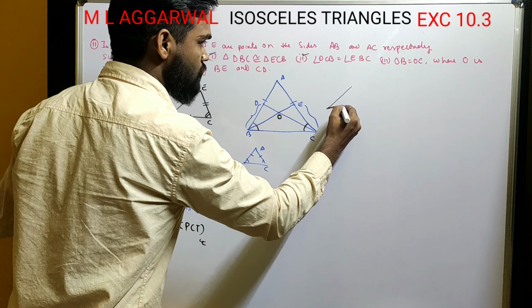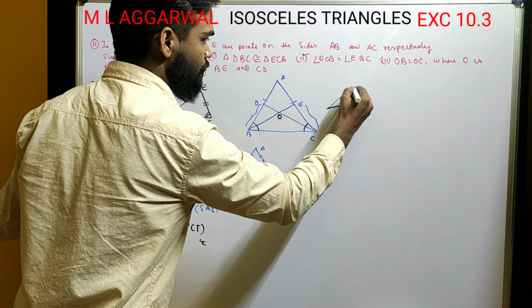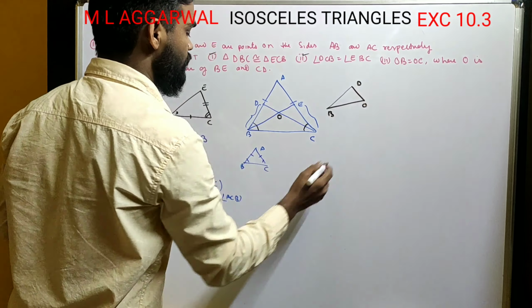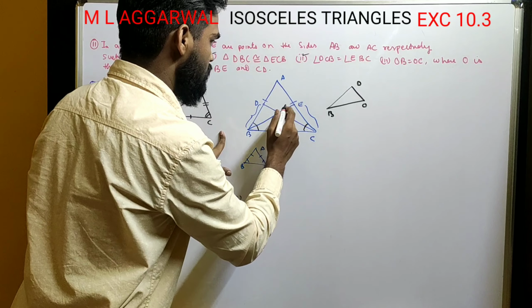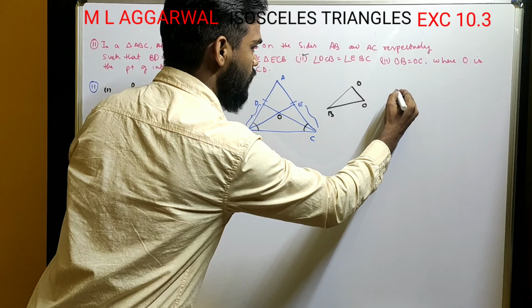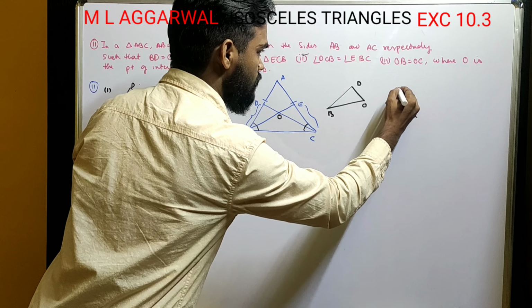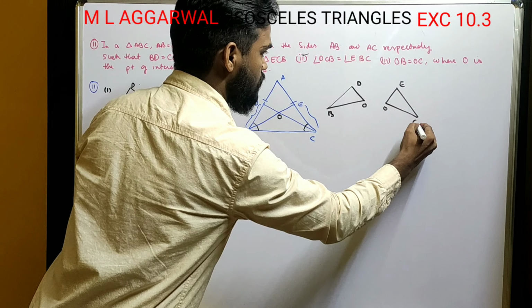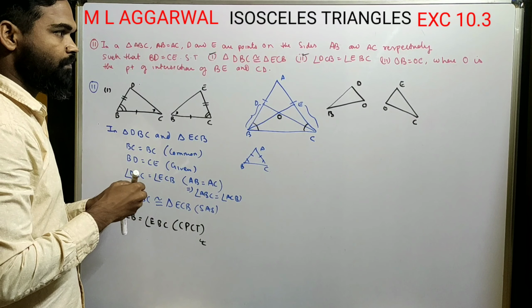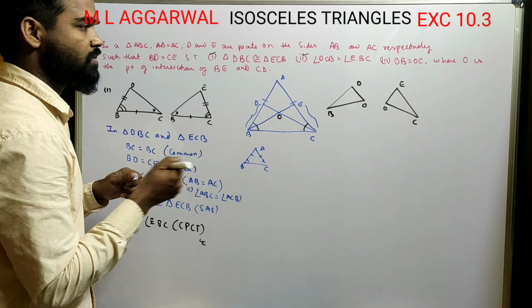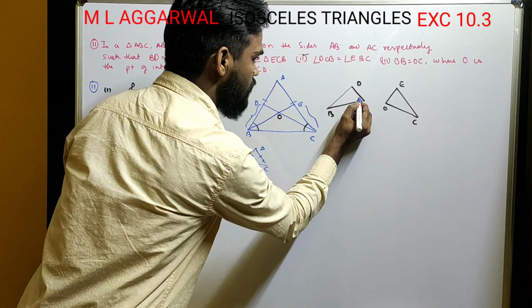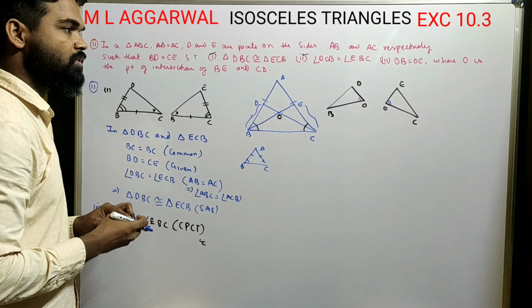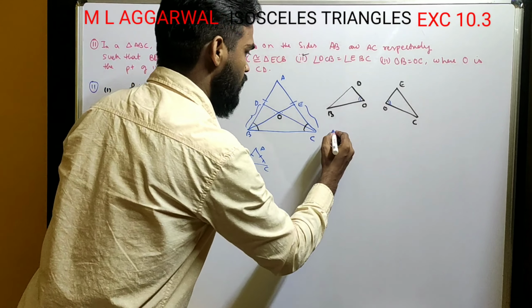Now look at triangle BOD, which means this one, and triangle EOC. Now look carefully. In these two triangles, first of all, this angle and this angle will be equal, vertically opposite angles.